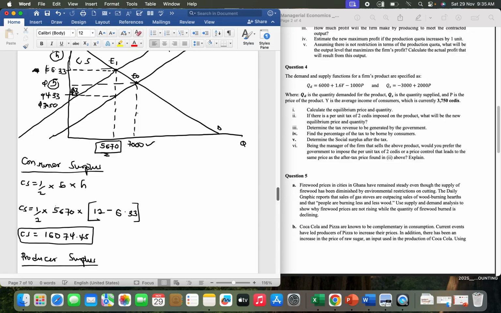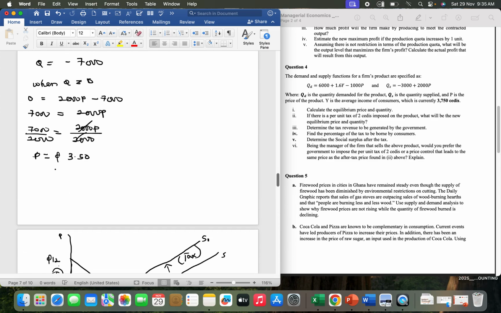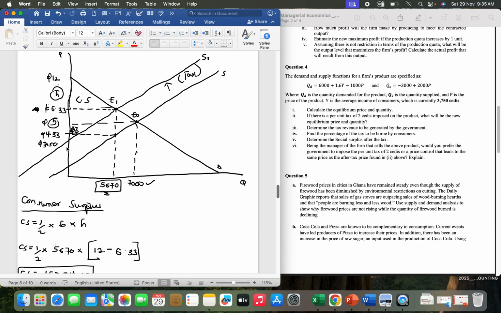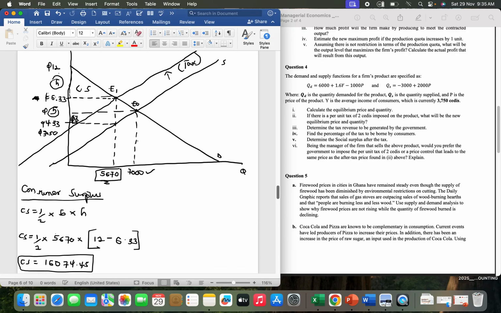And remember, when we were finding the producer surplus and getting the coordinates, we had this side to be 3.5. So if we have this one to be 6.33, this one is what? 3.50. Remember, with the 4.3, we wanted to know the actual amount the producer was paying since we knew the consumer to be paying 6.33.